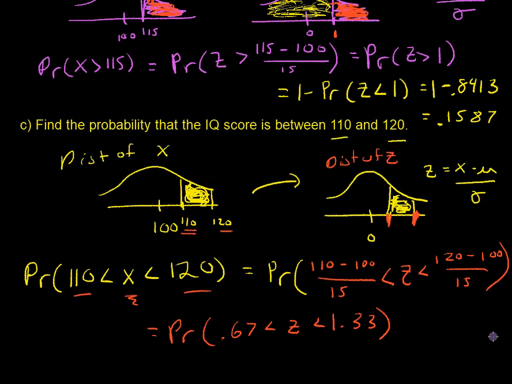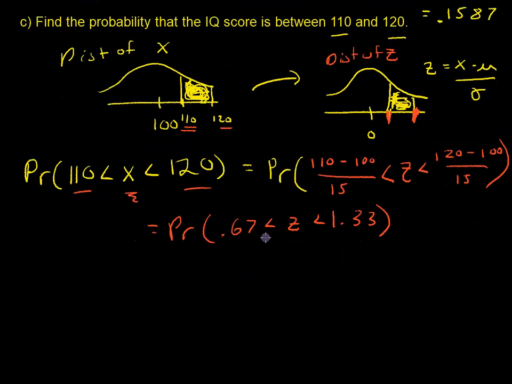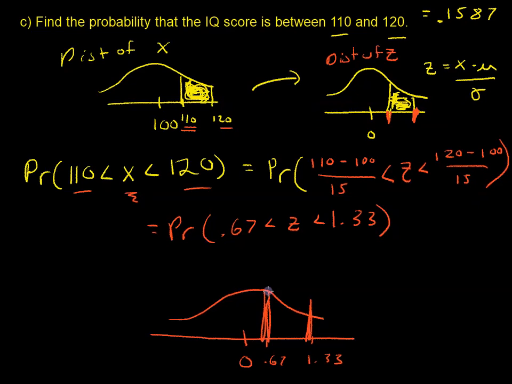Okay, so 0.67, 1.33. Now we've talked about in the past how to find these sort of probabilities, where z is in the middle. You might want to draw it out again. So here we have 0.67, 1.33. If I look at my table for 1.33, it's going to tell me all of the area behind 1.33.